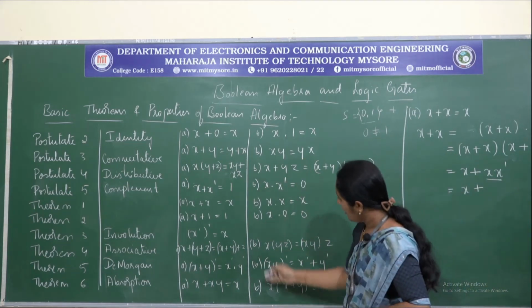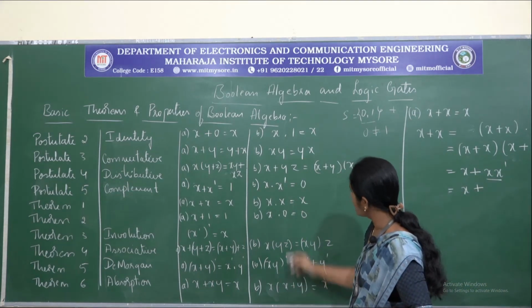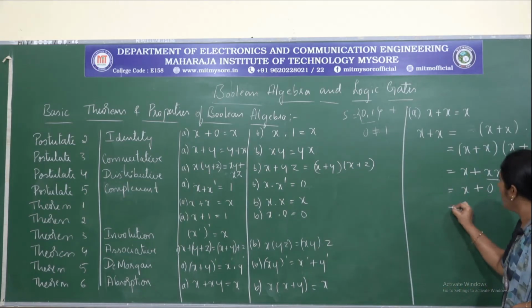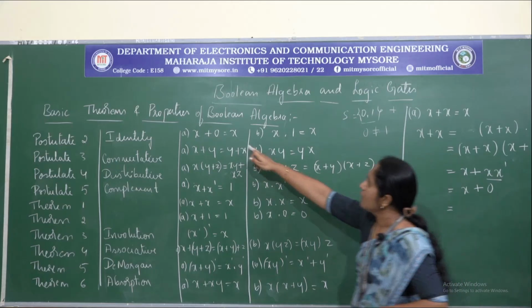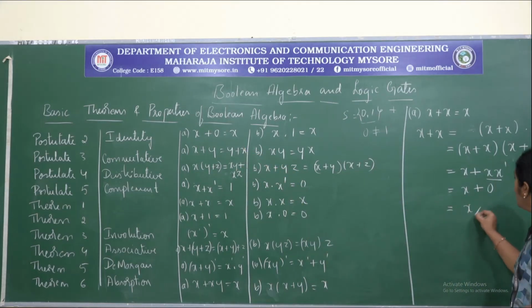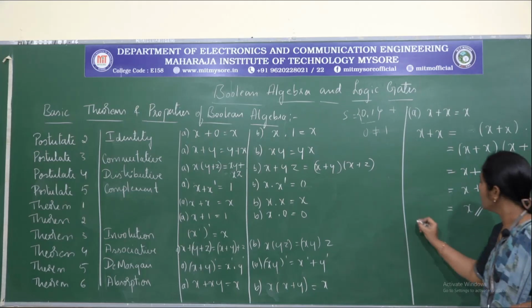If you look into the table, x · x' is equal to 0, and x + 0 is nothing but x. So with the aid of the postulates, we have proved that x + x = x. This is the proof for theorem 1a.